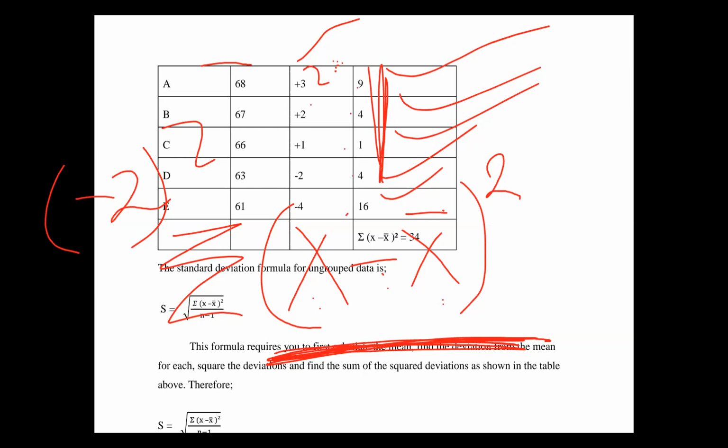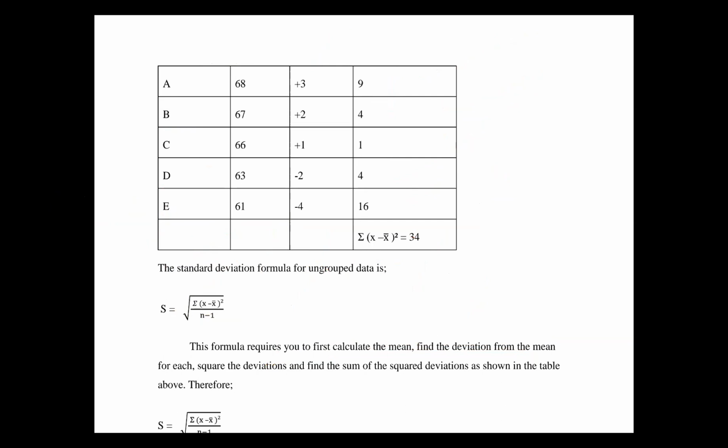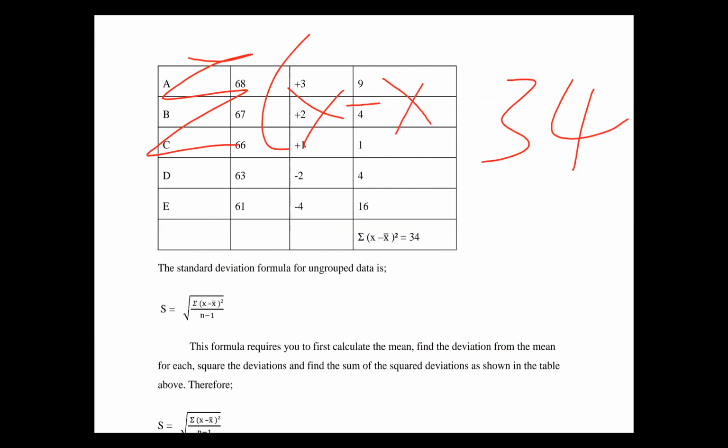When they summed everything, what was found is 34. This 34 is the summation of the squared deviations.